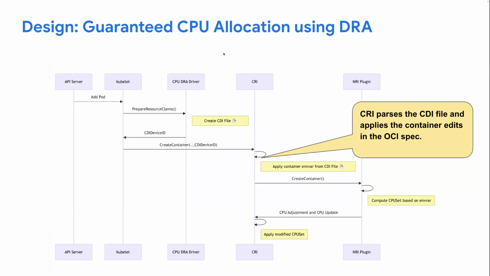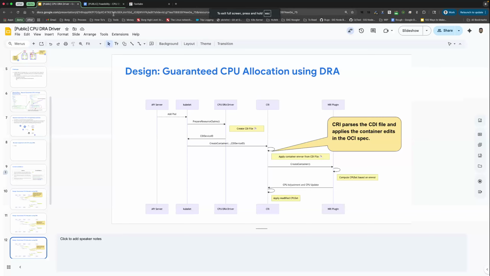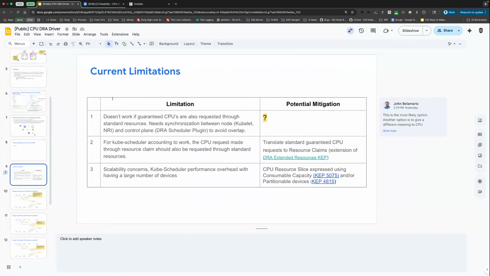So the current representation of the resource claim is based on what we have in DRA in Kubernetes 1.33. One of the big scalability concerns that we have, which I briefly mentioned in the demo as well, is that it has a limitation on the number of devices, and for bigger machines we quickly run into that limit. The other concern is that we haven't looked at the performance overhead on the scheduler side or on the node side to manage all of these.